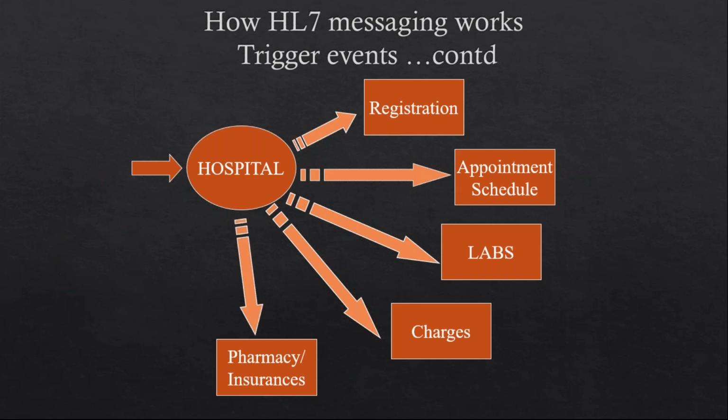We also have two other events, as I said yesterday, pharmacies and insurances. But these are not transacted in the form of HL7, so we won't be looking at them. We'll be concentrating mainly on the other four events: registration, appointments, labs, and charges.